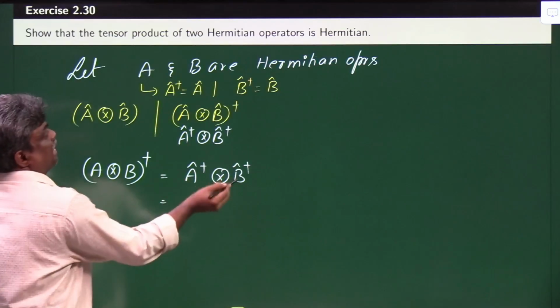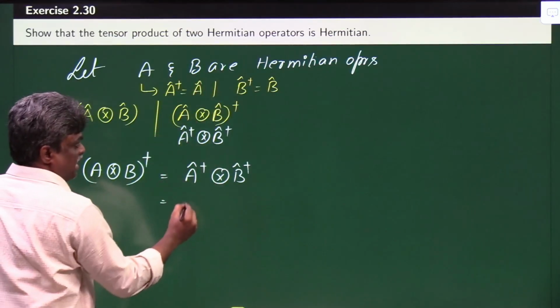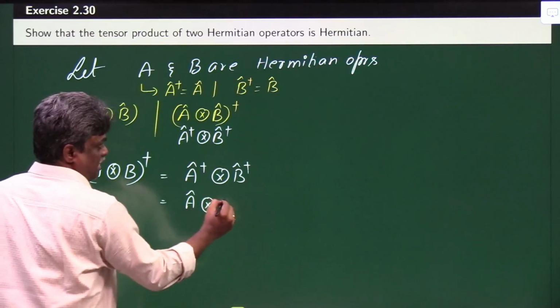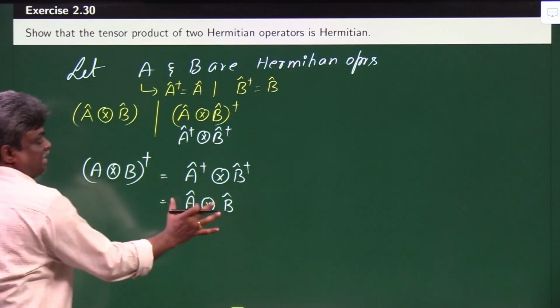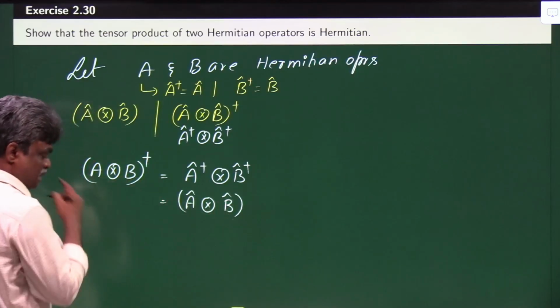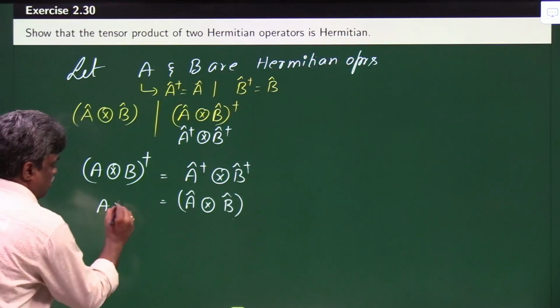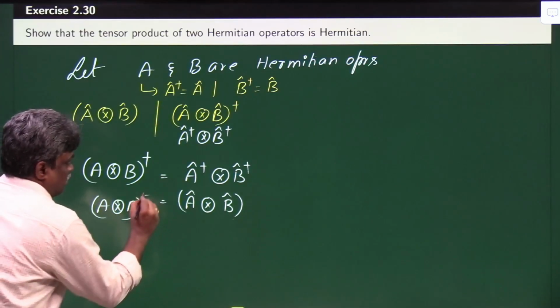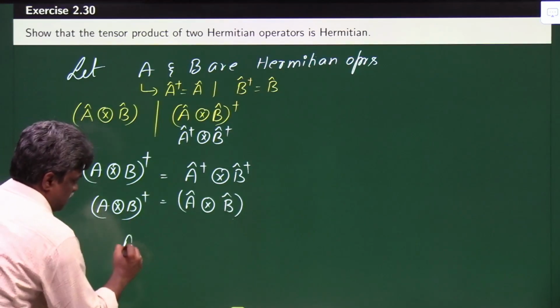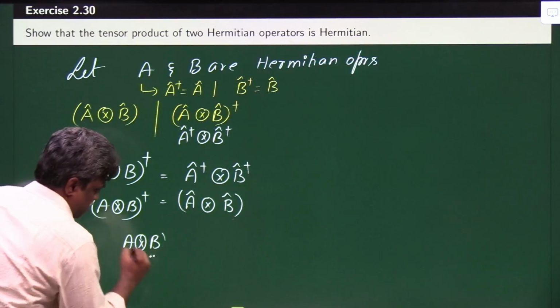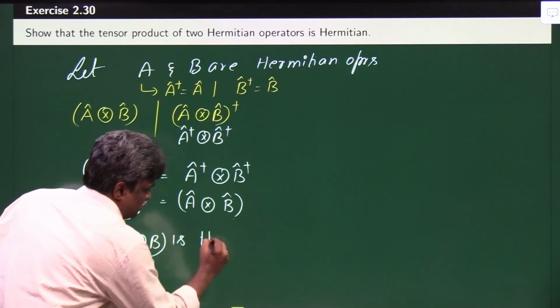But we know A and B are already Hermitian. That's why A dagger equals A and B dagger equals B. So finally what you get is something dagger equal to something, which is nothing but A tensor B. That means the tensor product of A and B is also Hermitian.